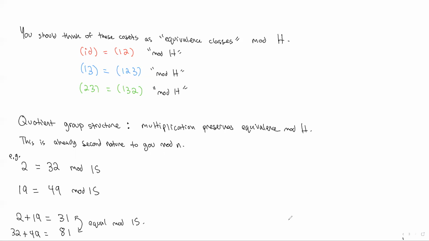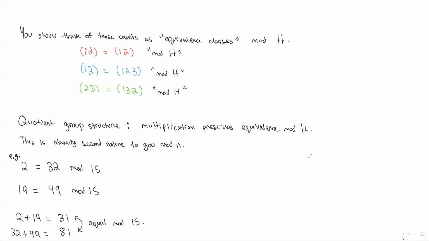That's the whole idea behind a quotient group: you have some notion of equivalence and you want that notion to be preserved when you perform your group operations. And like I said, you're already used to that mod n. So 2 elements that are equal mod n, if you add them, they'll still be equal mod n. If you invert one, they'll still be equal mod n. So every group operation makes sense mod n.